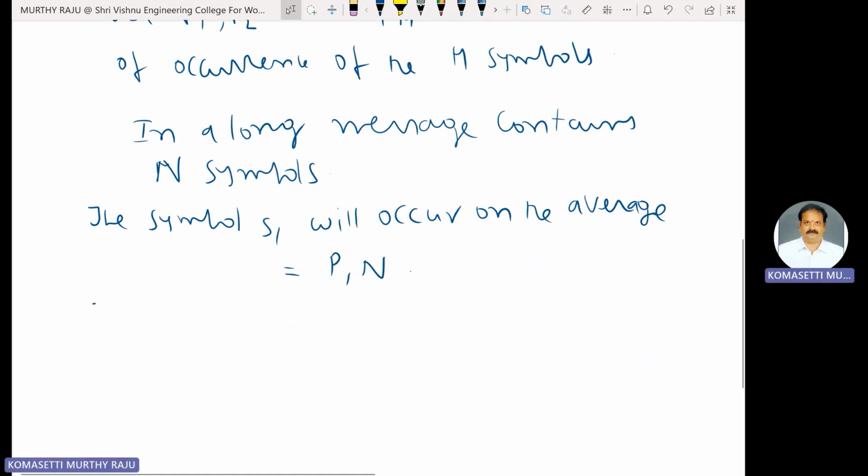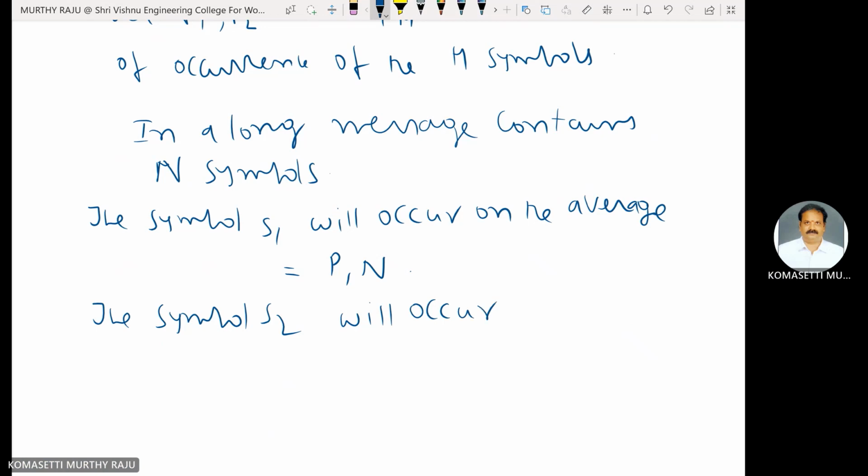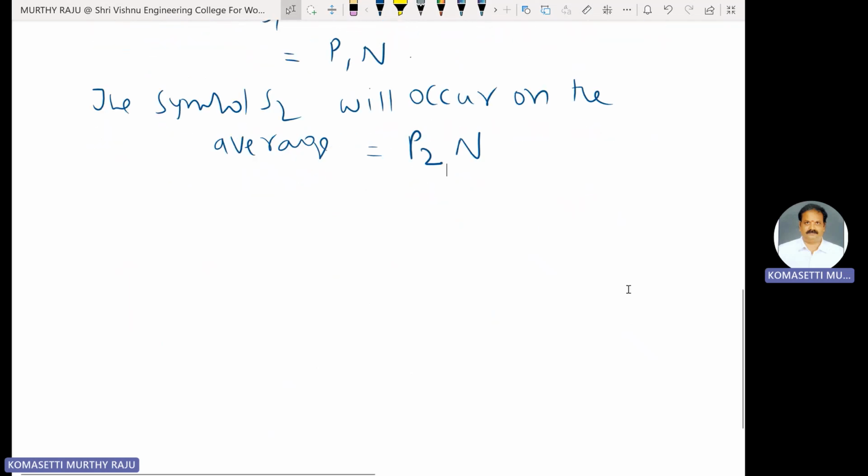The symbol S2 will occur on the average P2 into N times, where N is the number of symbols in that message, and so on.